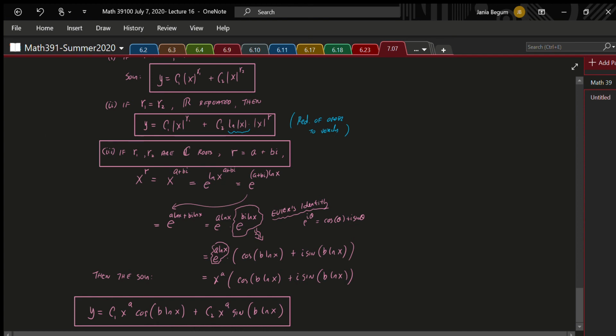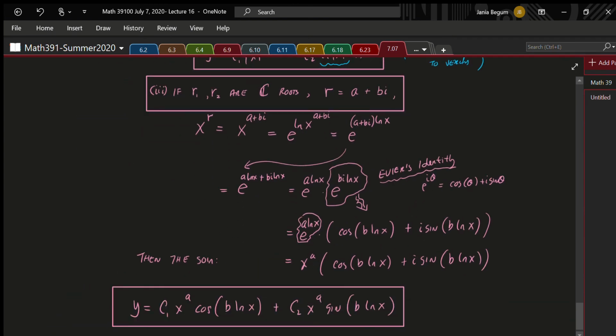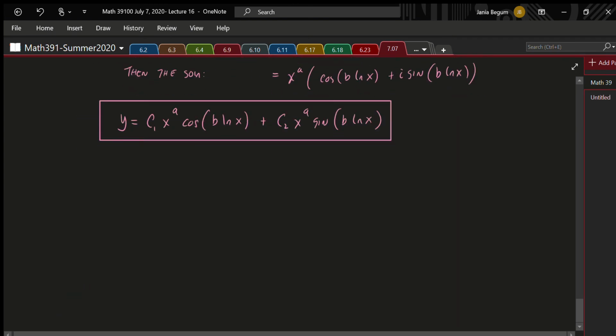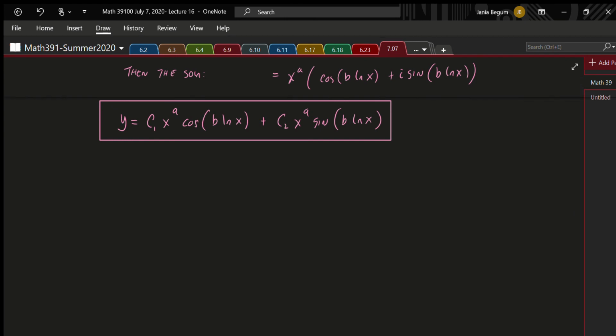Any questions on the derivation of this? If there are no questions, let me start with an example. Hopefully you have this written down. Let's see how we can do some problems. Suppose we want to find the general solution.